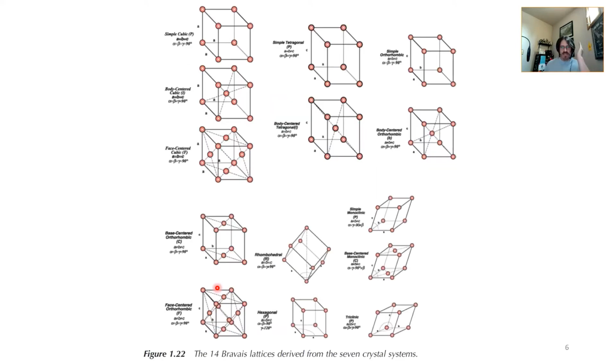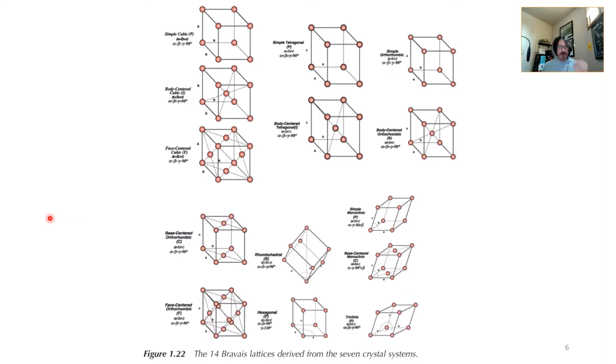Here is the designation of the 14 Bravais lattice structures derived from 7 crystal systems, and we want to show here that rhombohedral is what our book denotes this crystal system as. So rhombohedral is A equals B equals C. I have to get a little closer to look.